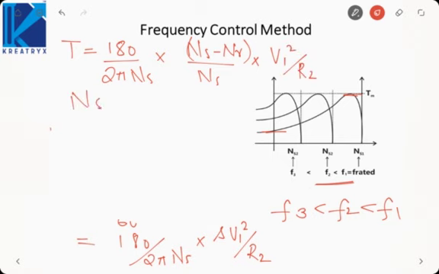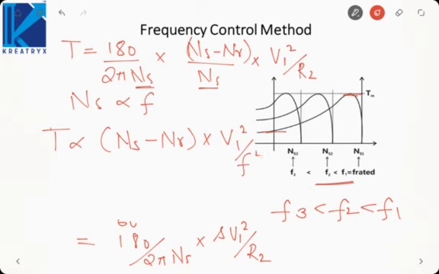Now Ns is proportional to frequency, so there is one frequency term here and one frequency term there. So torque is proportional to (Ns minus Nr) into V1 square by F square. Since V by F is constant, torque is proportional to Ns minus Nr.